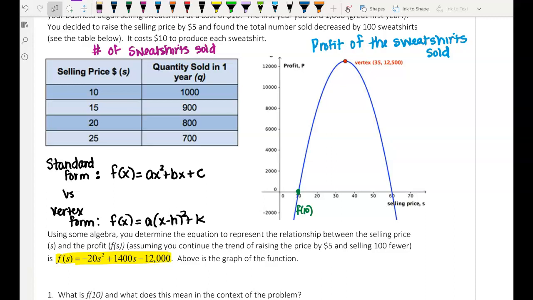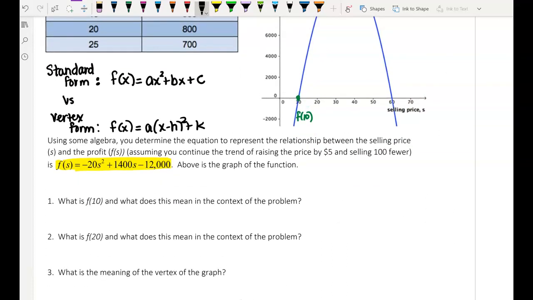None. It's at 0. So f of 10 equals 0. But what does it mean in context? The f of 10 means selling for $10 is getting us 0 profit. That's what the f of 10 is telling us. So they are making 0 profit.